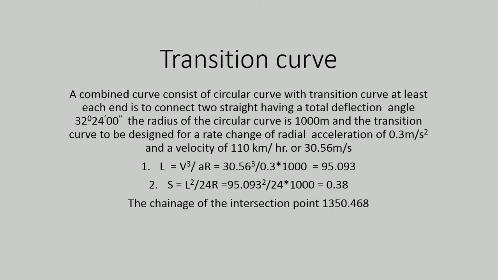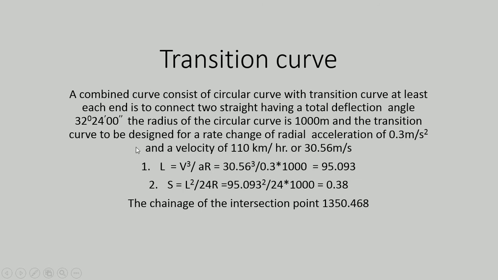So the transition curve, as you see, the question is here. Radius is 1000 meters, the deflection angle or intersection point is 32 degrees 24 minutes, the acceleration is 0.3 meter per second squared, and the velocity is 30.56 meters per second.